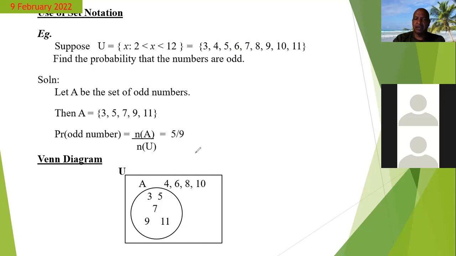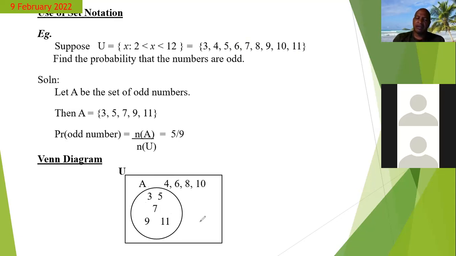Now, we can also represent this using a Venn diagram, because we can label the set of odd numbers A and represent it with a circle. We would put all the numbers that are odd in that circle and all the numbers that are not odd outside the circle.